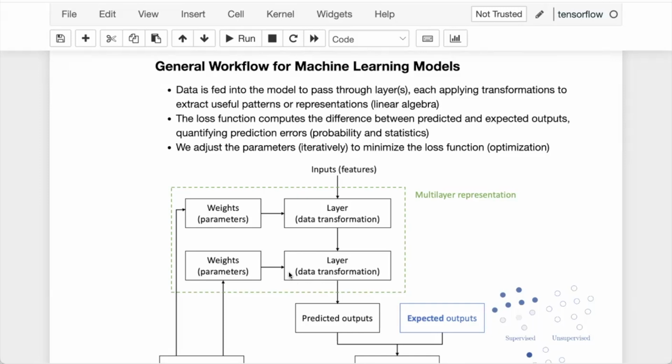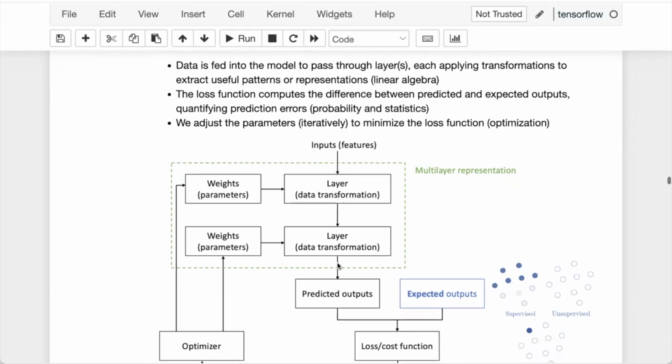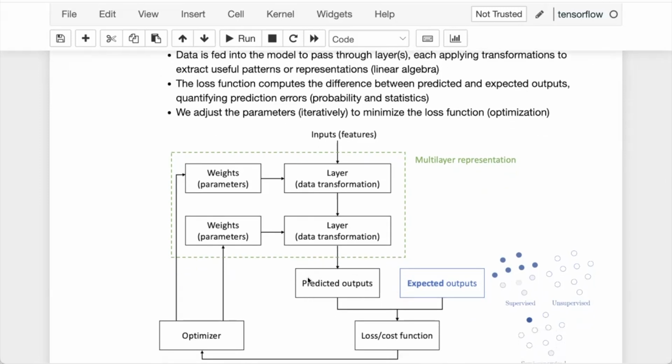And since we are working with parametric models so far, each data transformation has its own weights or parameters that we have to find. However, for now, let's say we have some initial guess about what those are. So we send our X into these data transformations until we get some predicted outputs.